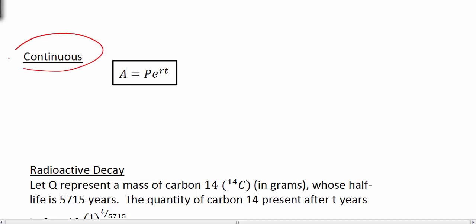If we're looking at this compounded continuously, then we're going to use this formula here, A equals Pe to the rt. Here A is still the amount, P is still the principal, r is still the rate, t is still the time. It's just now we're using this natural base e.